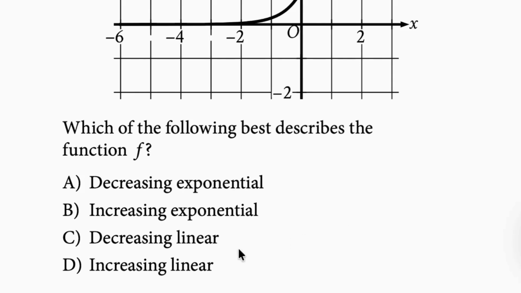Linear always means straight lines, right? And exponential always means going like this. Initially it is slow, whether it is growth or decay, but then it grows or decays exponentially. So this is the kind of graph.